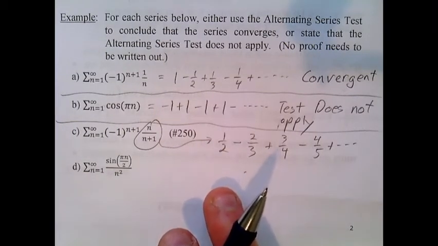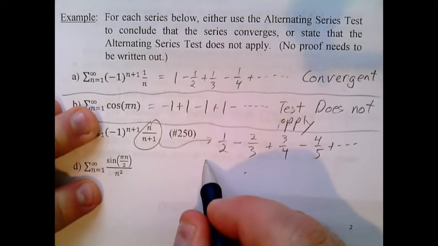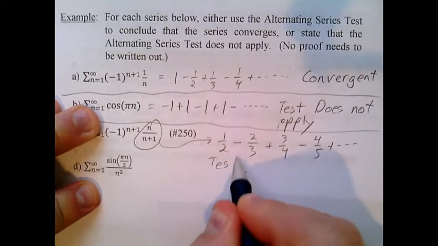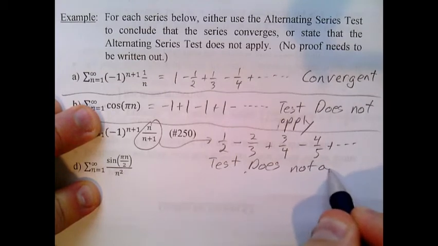The first condition really is that it's an alternating series, and then on top of that it's got to have terms whose absolute values are decreasing and terms whose absolute values are going to 0. Those last two don't apply here, so we'll just say test does not apply.